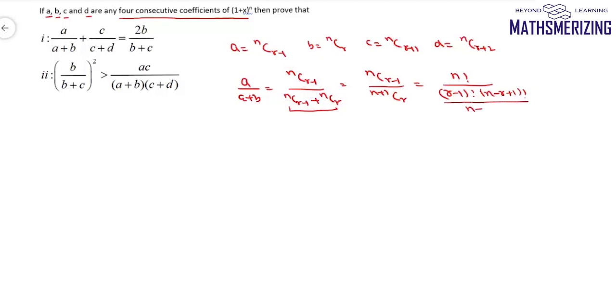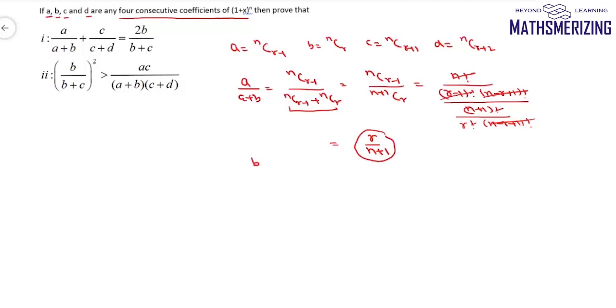And in the denominator I can write (n+1)!, r!, (n−r+1)!. So (n−r+1)! will cancel. I'll also cancel this n! with (n+1) into n!, and I'll also cancel (r−1)! with r into (r−1)!. So I can write it as r upon n+1. So a/(a+b) is r/(n+1).